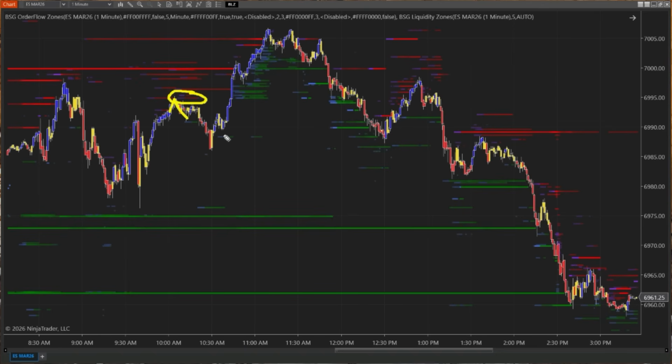But what happened around 10:45, price broke through and came back to that level. I want you to watch this particular liquidity where the strongest sellers were broken out, price broke out and came back. By the time it came back and retested, you can clearly see the buyers already formed.